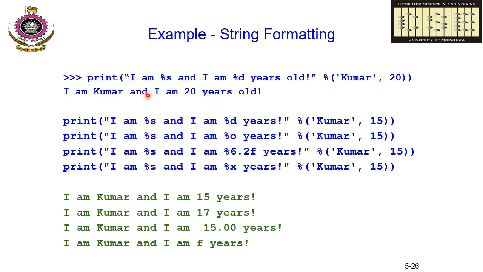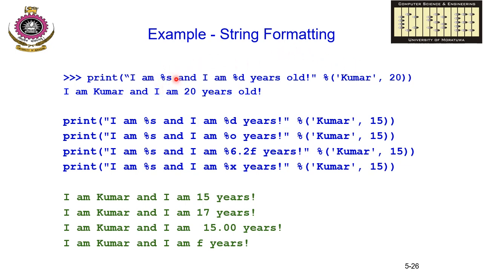Here's the sample program, where we need to print a certain statement. Look at this statement, I am. You can see that this special formatting character combination is available, percentage s. If you recall, that would be representing a string, and I am percentage d. This is referring to a decimal value, years old. You need to specify what the values corresponding to these formatting symbols will be.